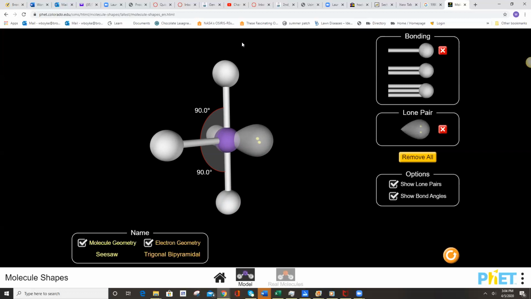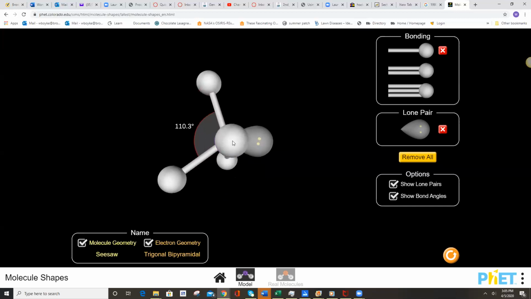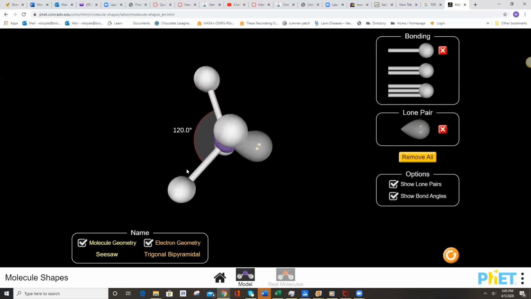I'm going to talk about if this molecule is polar or nonpolar. We just have to answer a simple question: will everything cancel out or not? And here, the two axial positions would cancel out. They're equal and opposite. But if I look at those equatorial positions, they're not equal and opposite.